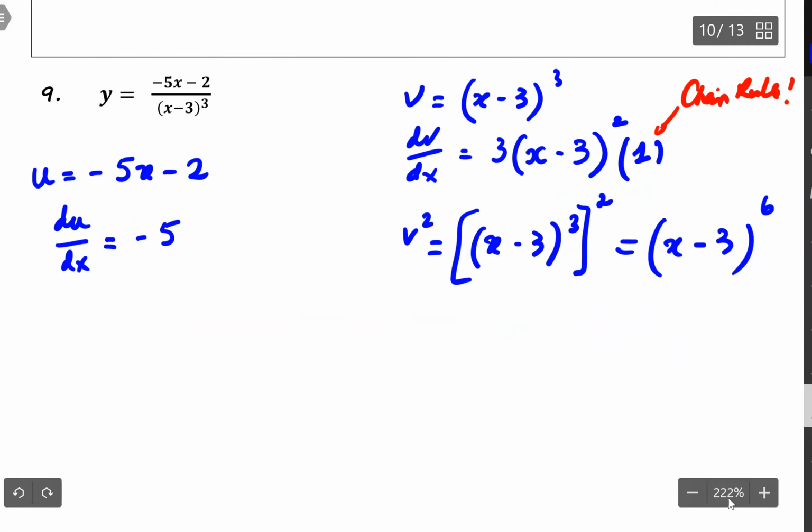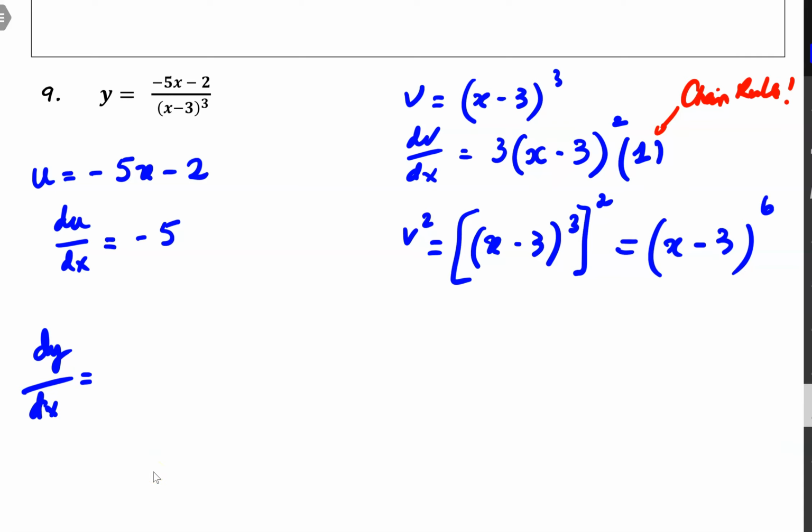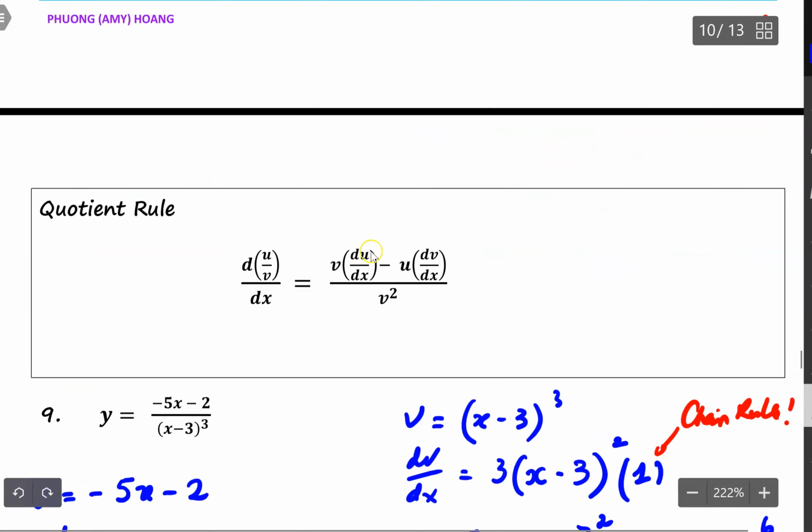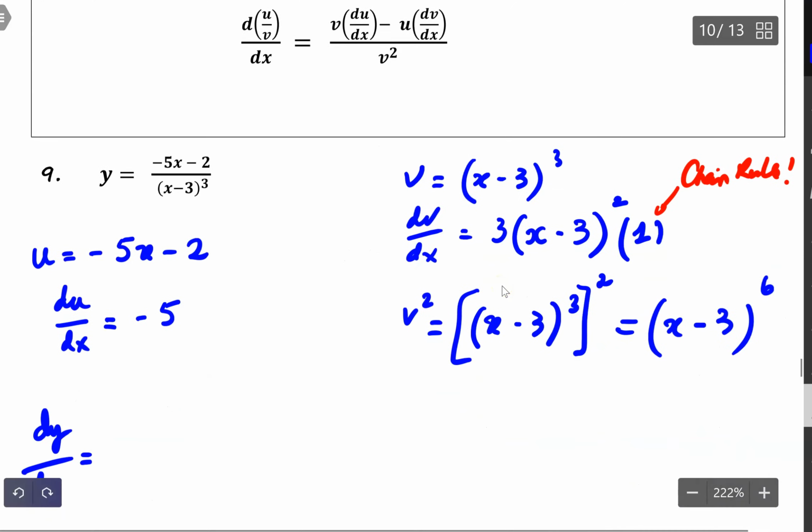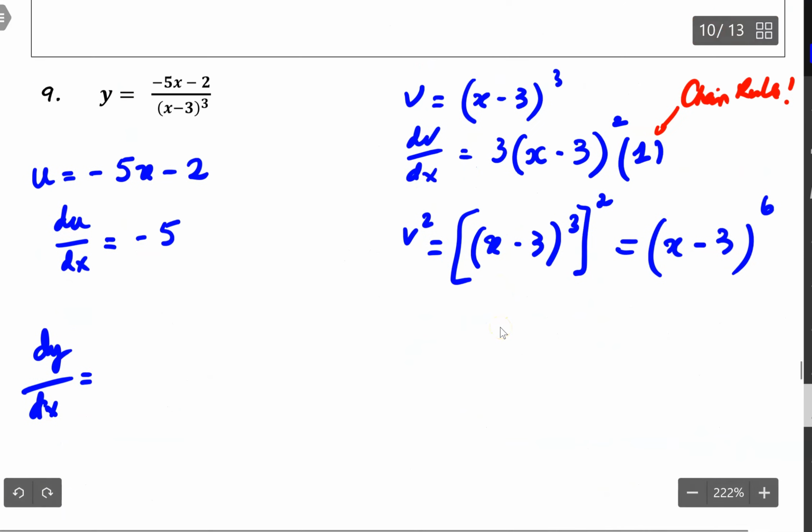Now that we have everything that we need, we are going to substitute into the formula. So dy over dx; make sure that we write dy over dx because you are telling the reader that you are going to differentiate and apply the quotient rule. The quotient rule always starts off with v times du over dx, subtract u times dv over dx, the whole thing divided by v squared.